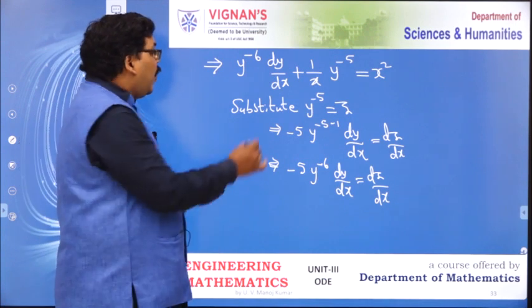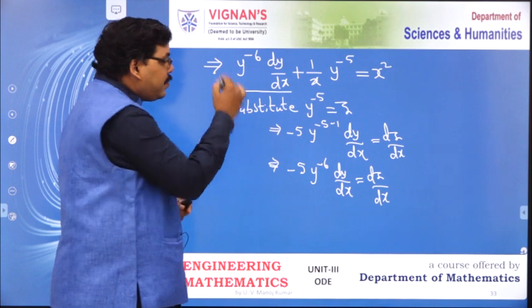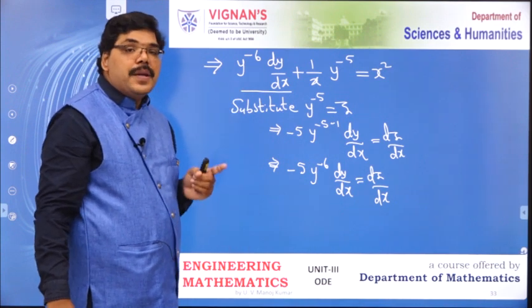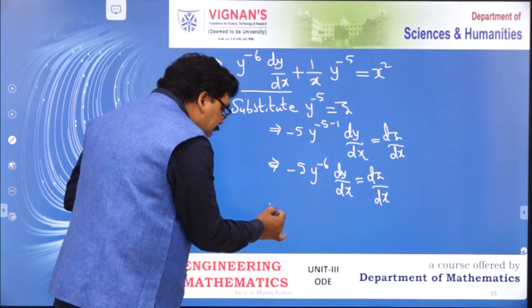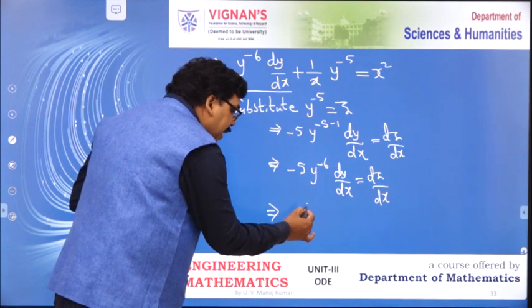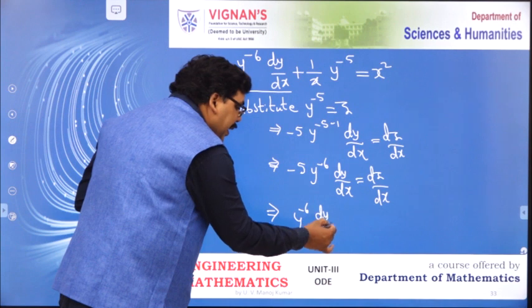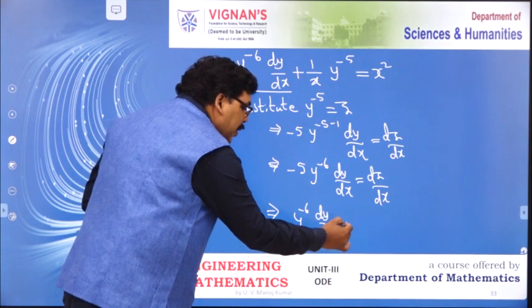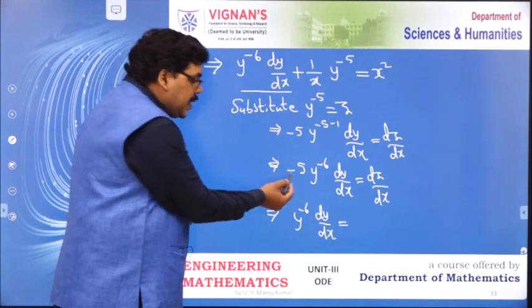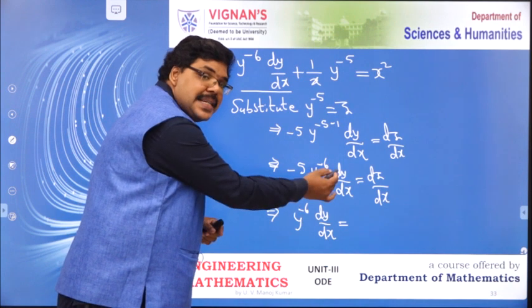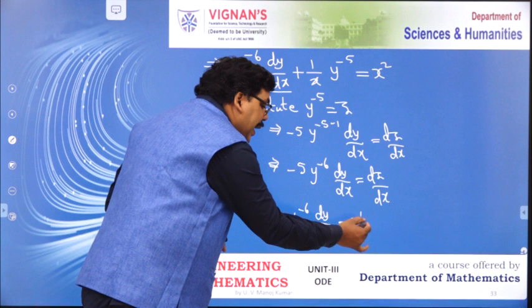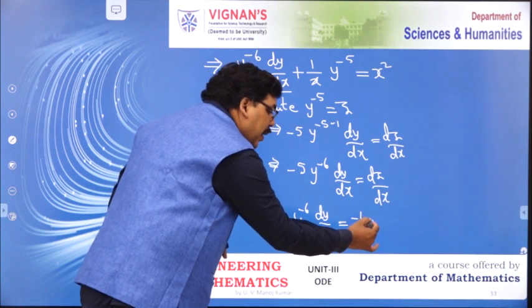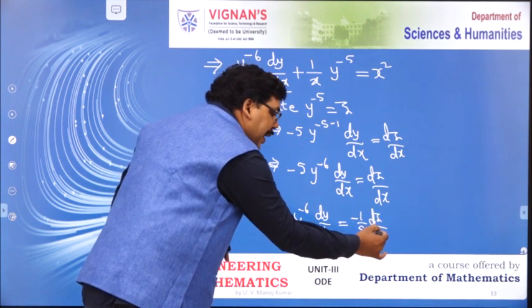What is the first term? Y power minus 6 into dy by dx. From this I will write y power minus 6 into dy by dx equals, if you bring this minus 5 to the other side, minus 1 by 5 into dz by dx.